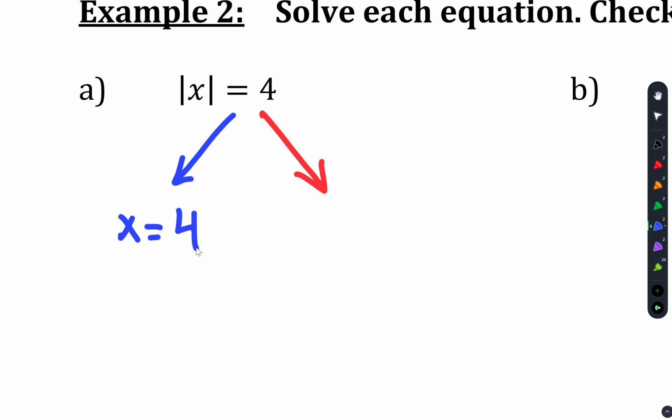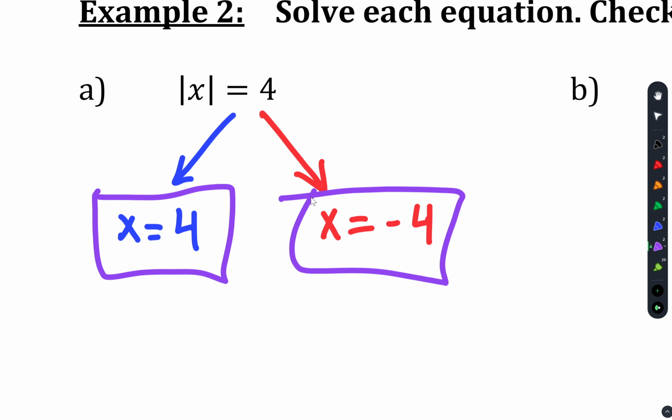Notice my absolute value symbol goes away. The only thing that changes is that absolute value symbol going away. Then I say x equals -4. Same thing, my absolute value symbol goes away, but now I make the second half of that equation negative. Is there anything else for me to solve here? Anything to move away from the x? No. So these are my 2 answers. Any questions on that?